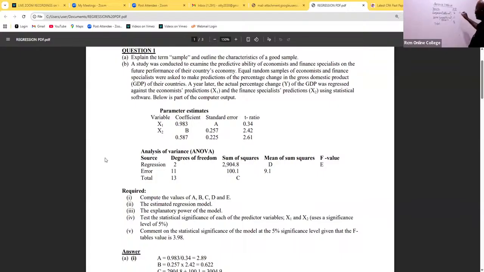And then we have sum of squares: 2904.8, 100.1, and C. And then we have the mean sum of squares, MSS. For the mean sum of squares, I can see D, and then 9.1, and then the F value, where I can see an E there.